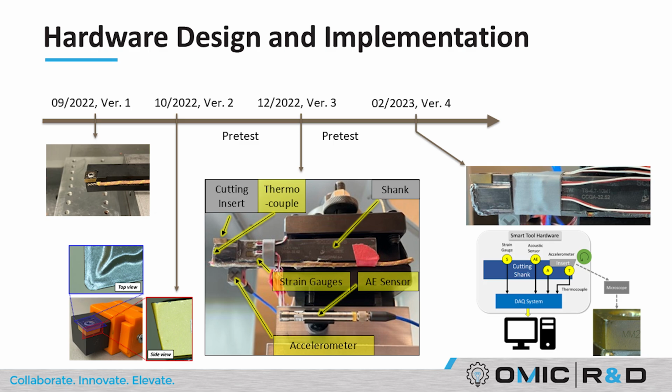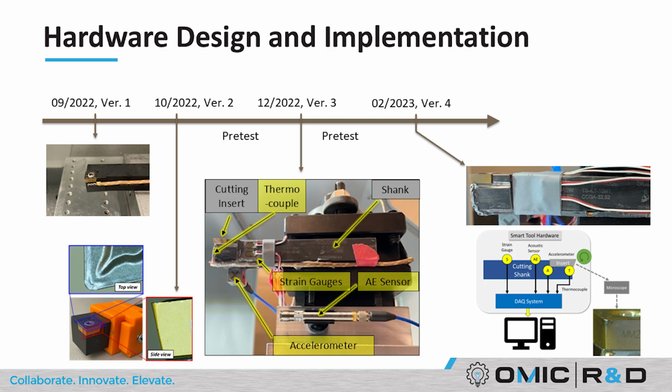And then at the end of 2022, we came to the semi-final design with multiple sensors embedded. You can see the thermocouple is embedded right beneath the cutting edge, and strain gauges measuring the cutting forces, an acoustic emission sensor measuring the noise, and an accelerometer measuring the vibration generated during the cutting process.